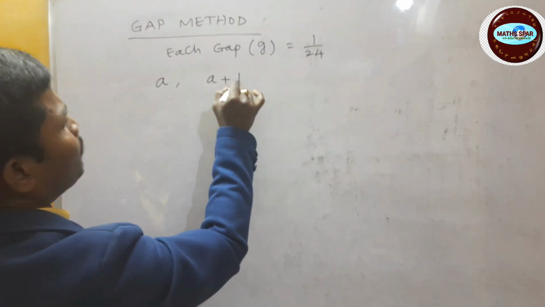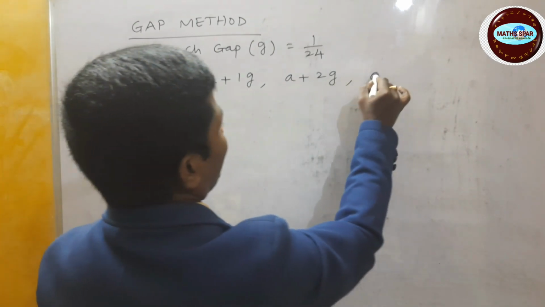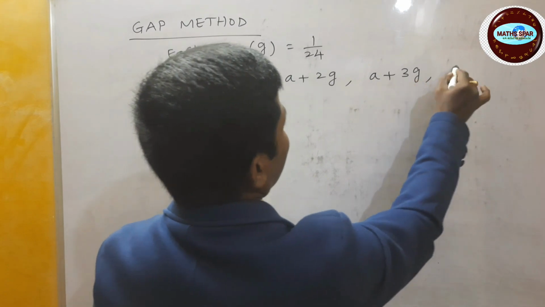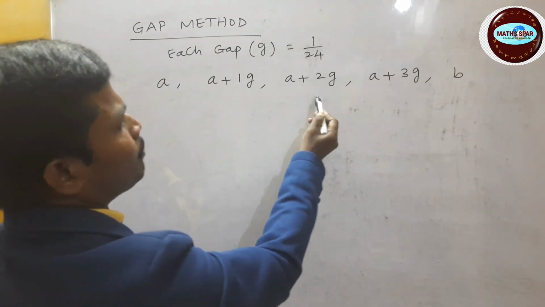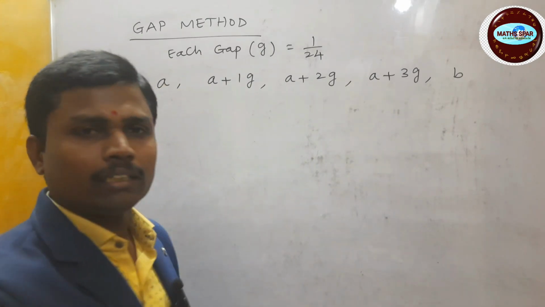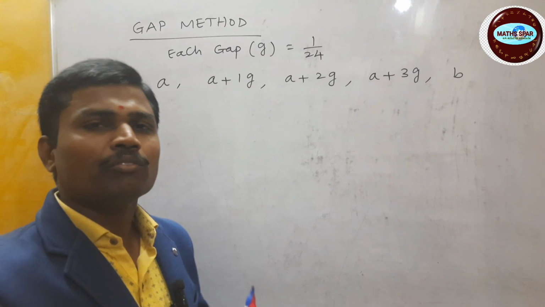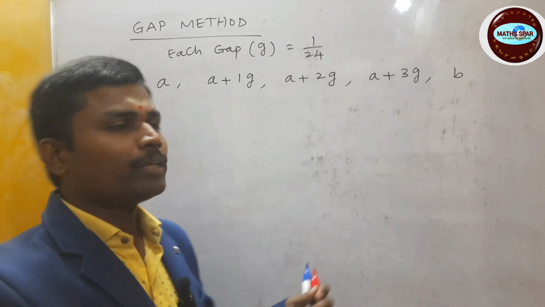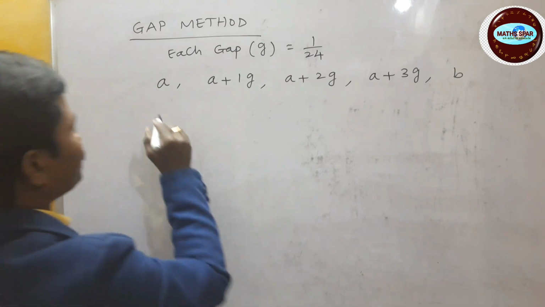A plus 1G, A plus 2G, A plus 3G, then B, where A plus 1G, A plus 2G and A plus 3G are the three rational numbers respectively, which are supposed to be found between these two given rational numbers.